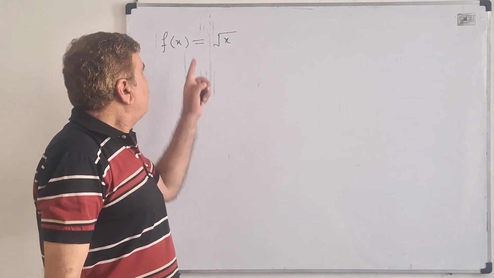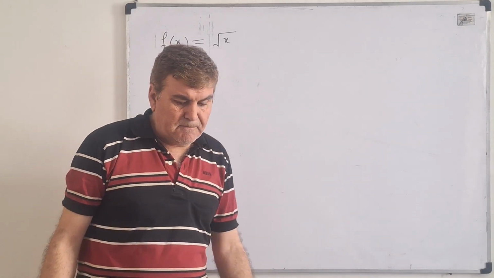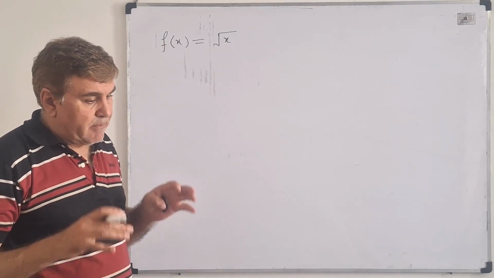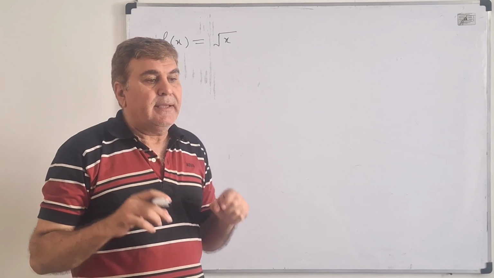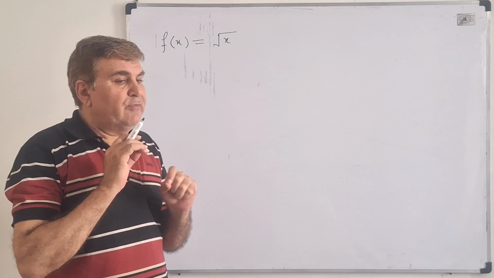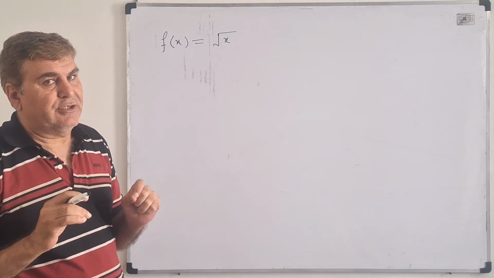In our previous video, we found the derivative of this radical, a fractional power of variable x, by intuitively manipulating it to remove the radicals from the numerator of the function.